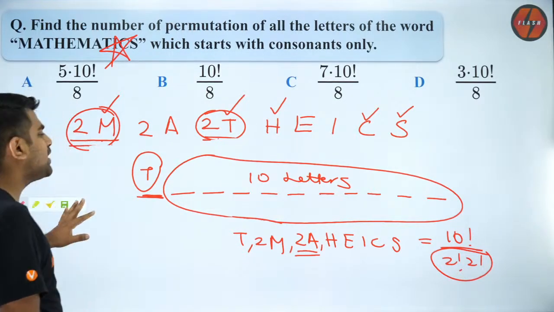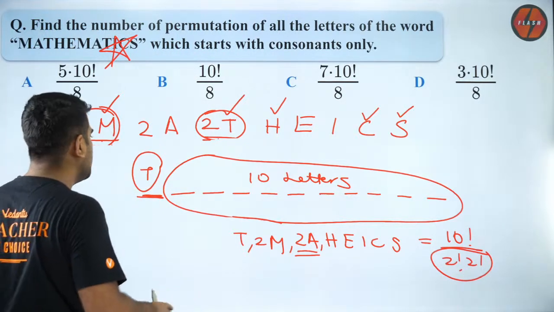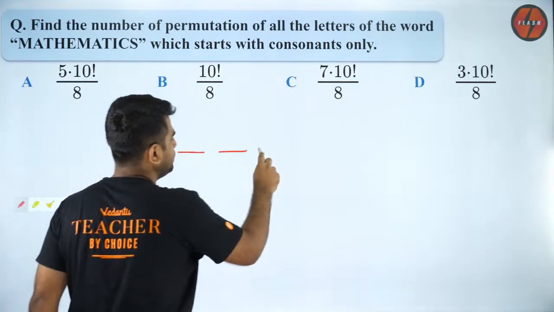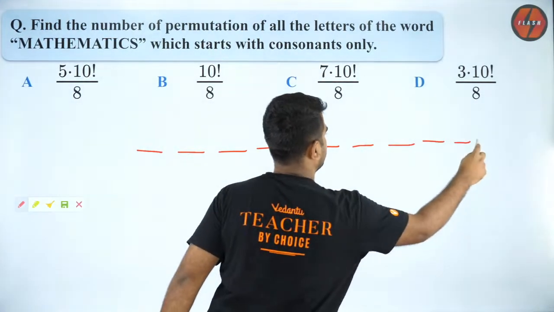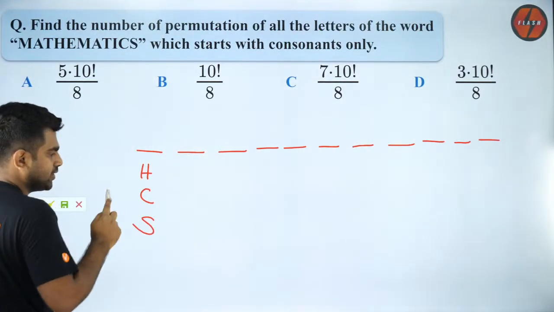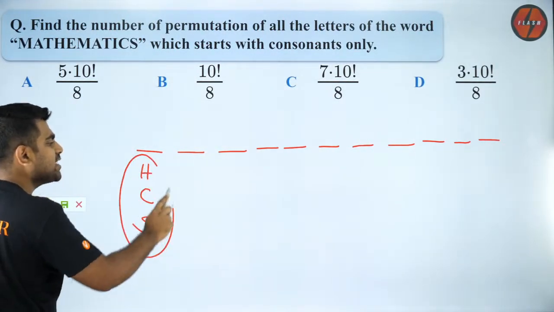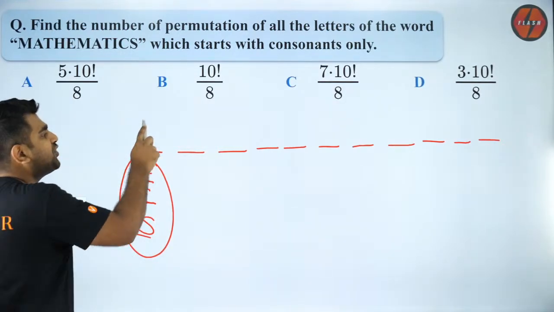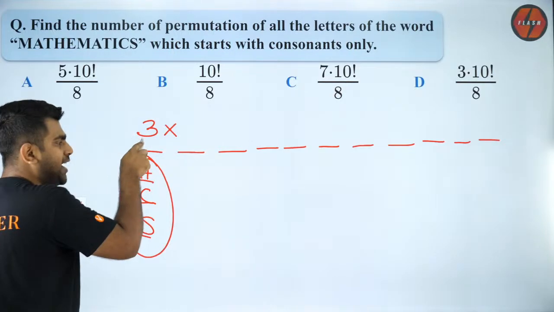Brilliant. So now that M and T are done, what else can come here? You can also have H, C, S. Now these three I can consider together because they are all single. So I have three choices for the first place.